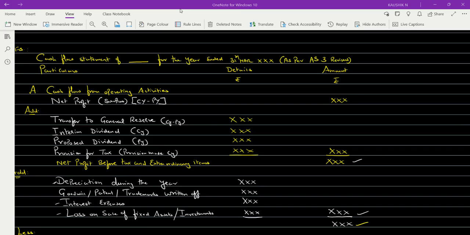So here dividend paid, okay, interim, and now comes the concept of the repayment. Okay, so loans will be repaid.